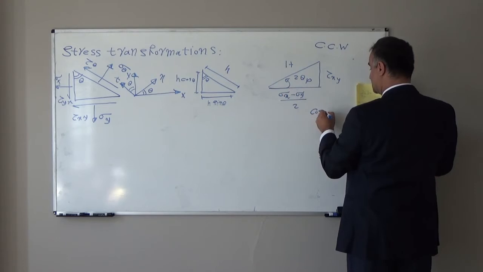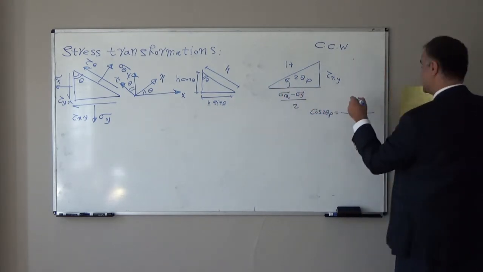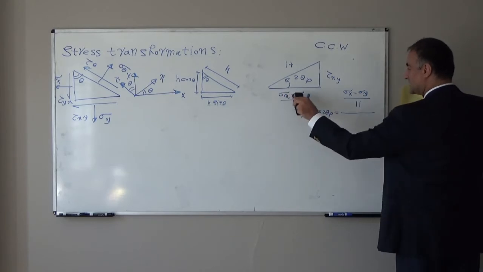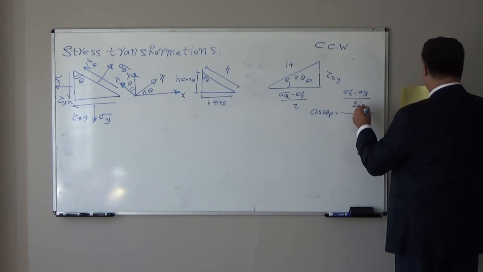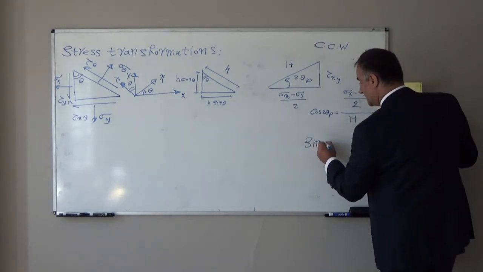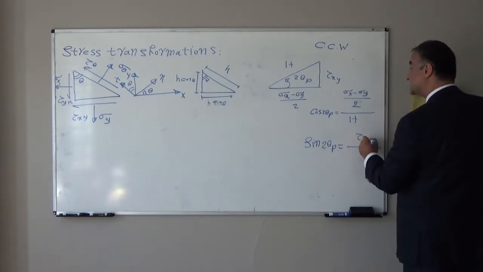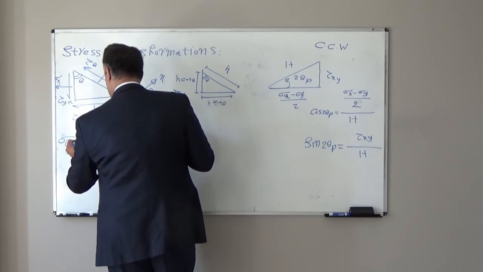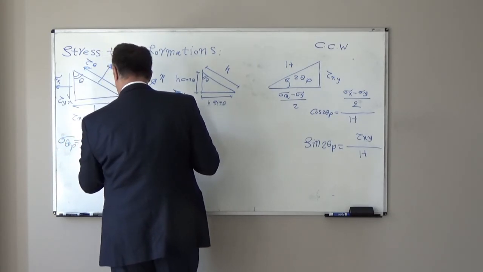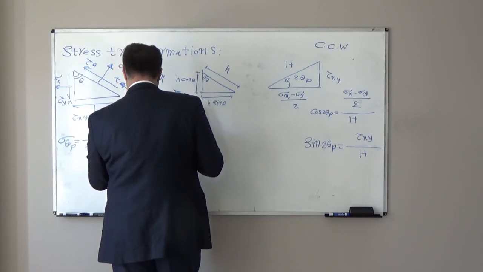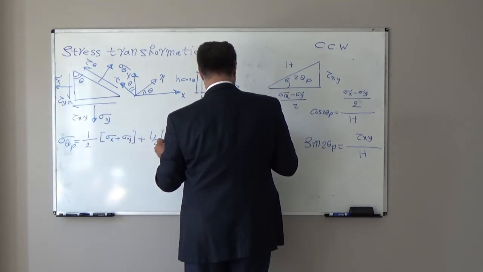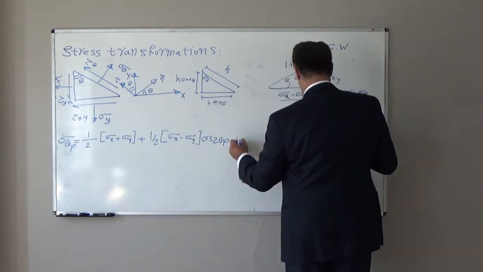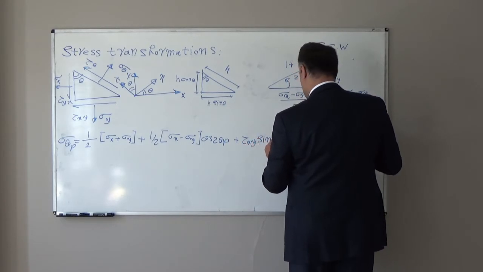We can write cosine 2 theta p is equal to sigma x minus sigma y over 2, divided by H, and sine 2 theta p will be equal to tau xy divided by H. Here we know sigma theta p is equal to 1 over 2 sigma x plus sigma y, plus 1 over 2 sigma x minus sigma y cosine 2 theta p plus tau xy sine 2 theta p.